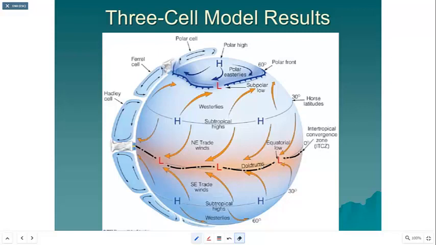Okay, let's move upward. Between the equator and 30 degrees we have wind belts. In the northern hemisphere it's the northeast trade winds, southern hemisphere the southeast trade winds. Now note the curvature as we come from this area working our way towards the equator. Can you see that the curvature is to the right?